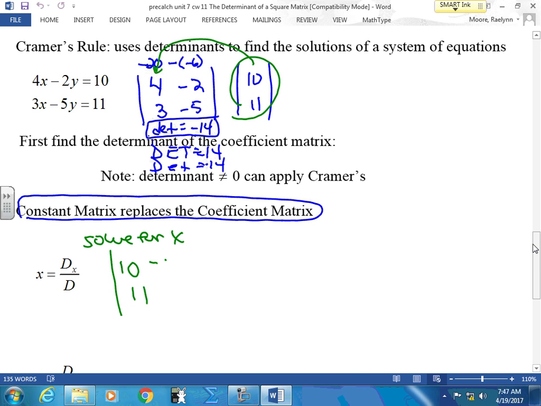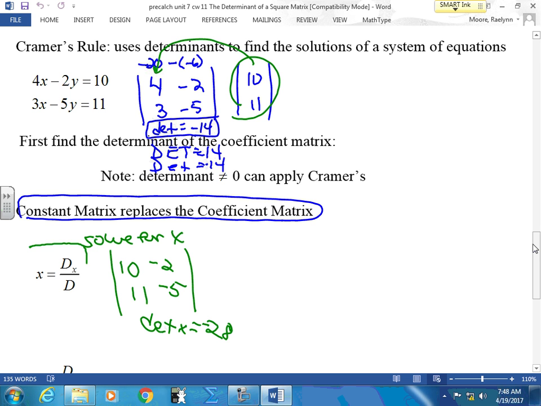We're going to keep the second column the same. We're going to find the determinant of the little x. We're going to throw that into your calculator, or you can cross multiply it and find it that way. And that will be 2. Oops, sorry. That will be negative 28. I'm just doing it so that we can get through this.